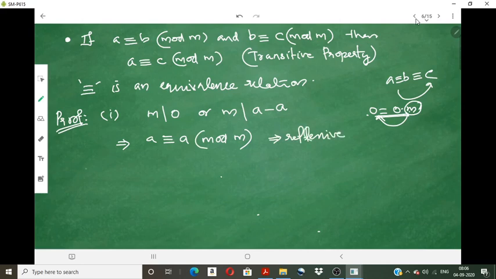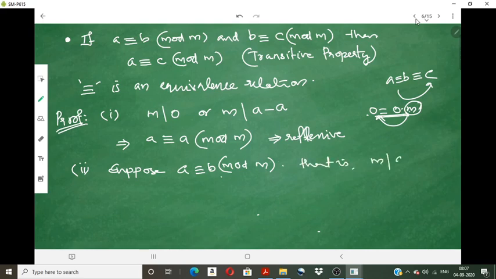Now the second one, we need to prove symmetry. If A is congruent to B modulo M, then B is congruent to A modulo M. So suppose A is congruent to B modulo M. Then by definition we have M divides A minus B. This implies M divides minus of B minus A, which implies M divides B minus A also.